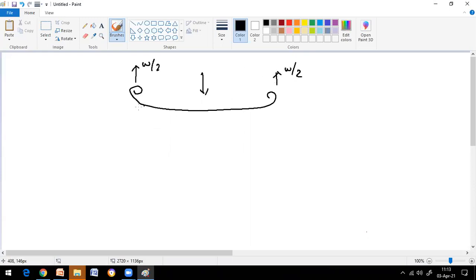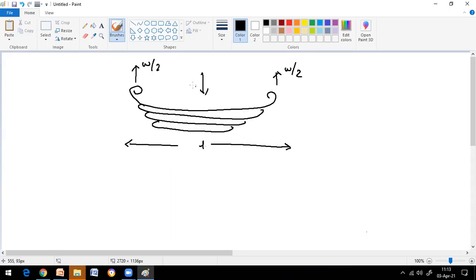W by 2. Due to this load, okay, so the total L is this, okay, and half of the distance is L by 2. Please draw this sum. So by that you can able to understand the formula of deflection easily, right?